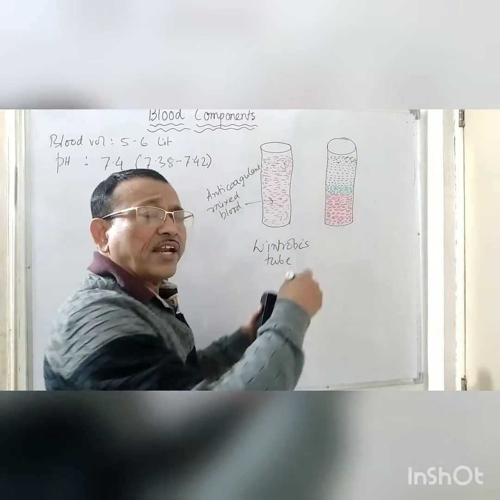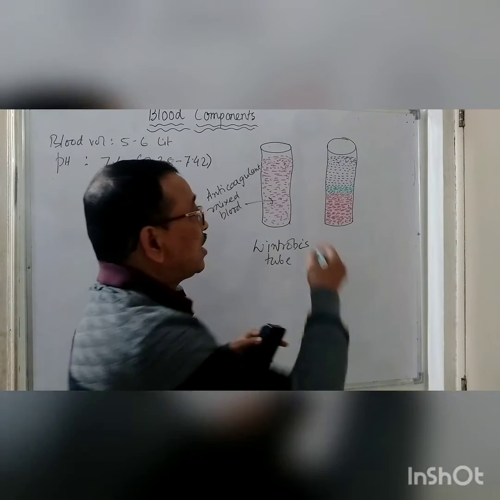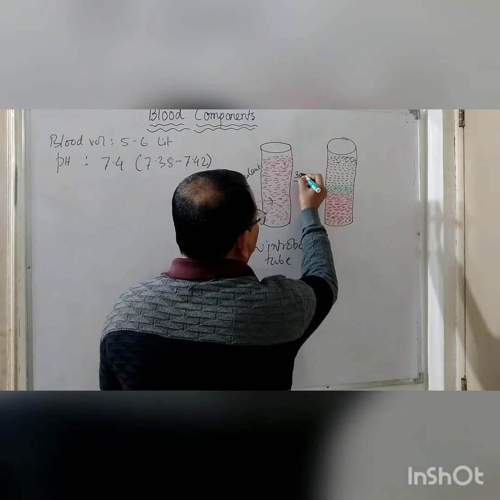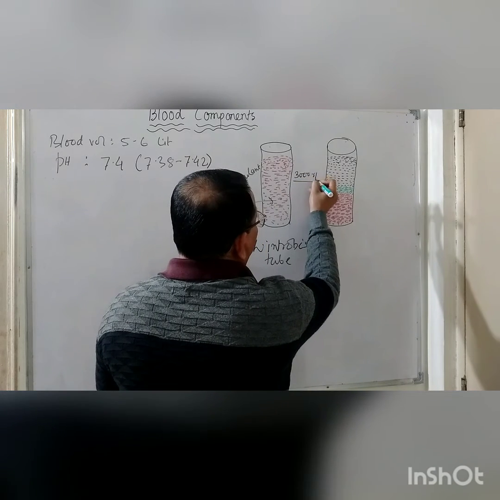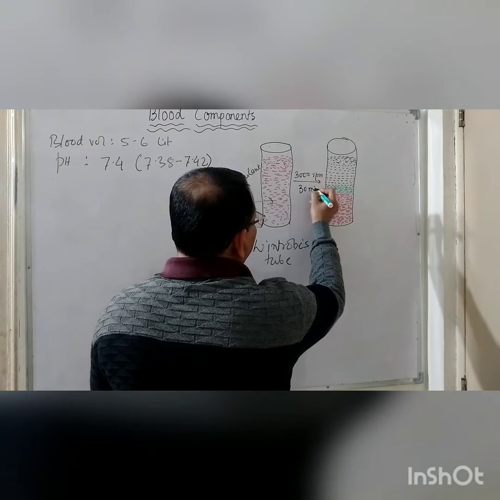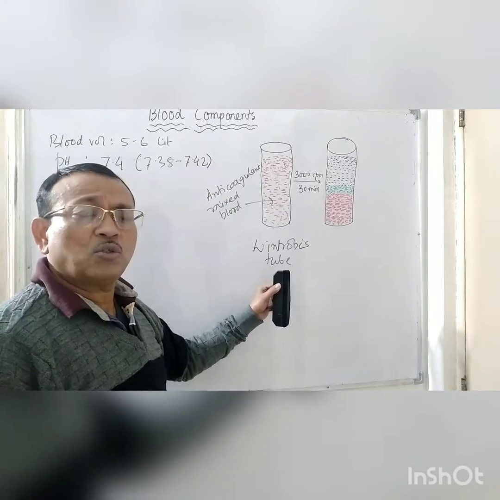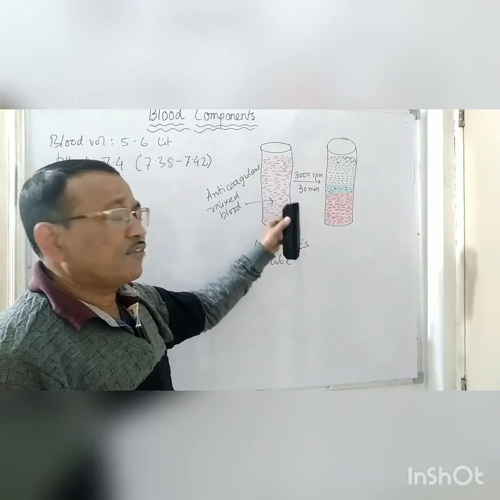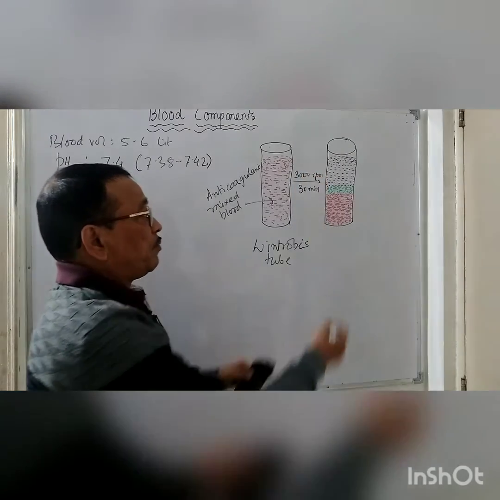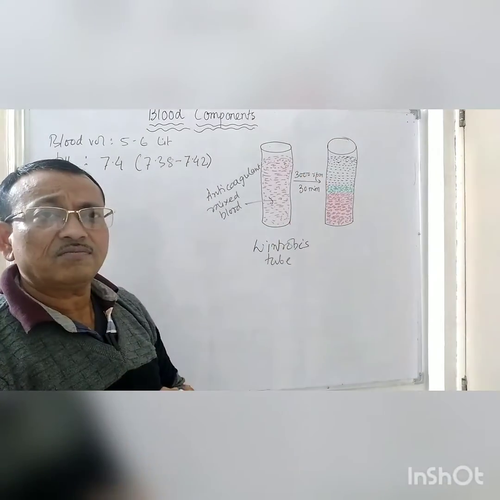Now this tube is centrifuged at the rate of 3000 rotations per minute for 30 minutes. The blood is centrifuged within the Winthrop's tube by the centrifugal machine for 30 minutes. So after 30 minutes, what will we see?